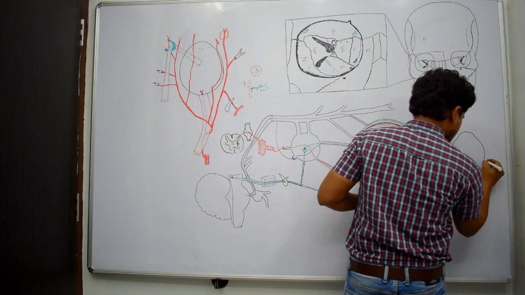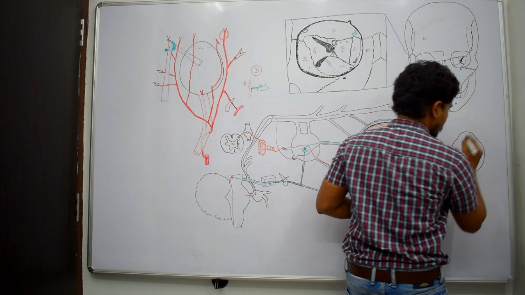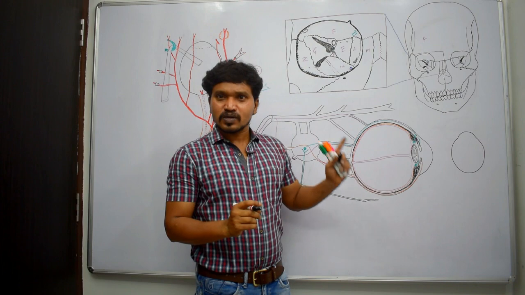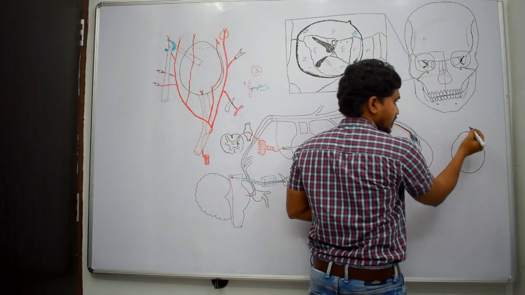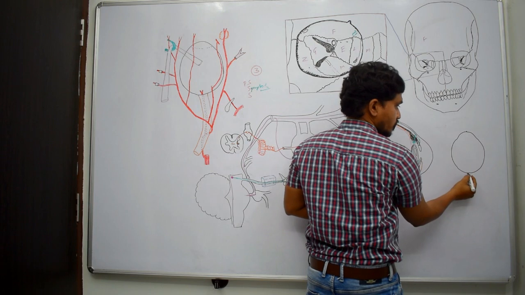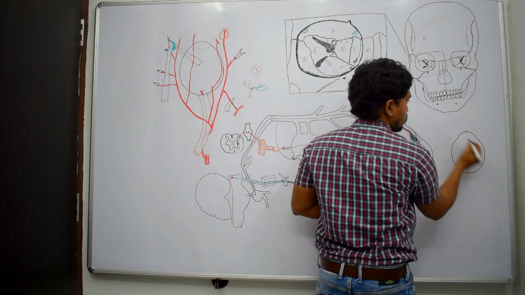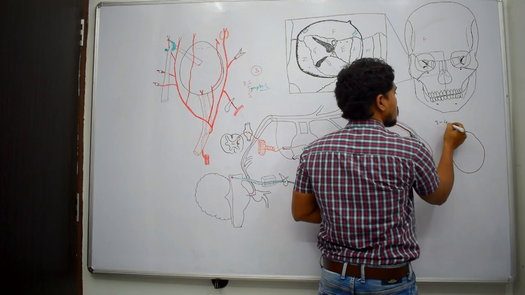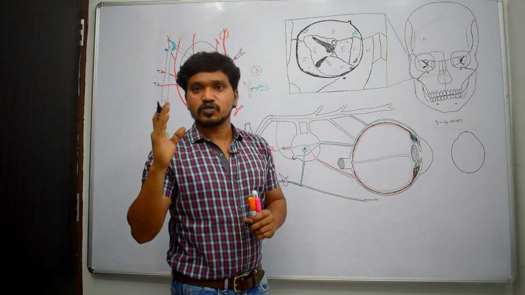It is extending from the posterior pole of the orbit, that too not exactly from the posterior pole. Imagine this is the anterior pole, this is the posterior pole, right? Just medial to the posterior pole, that means 3 to 4 millimeters nasal to the posterior pole.